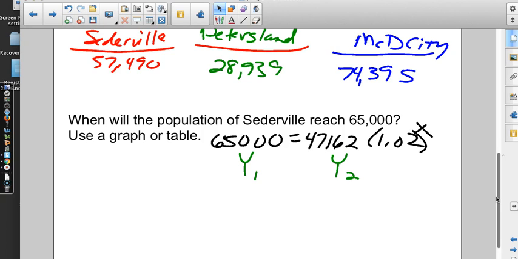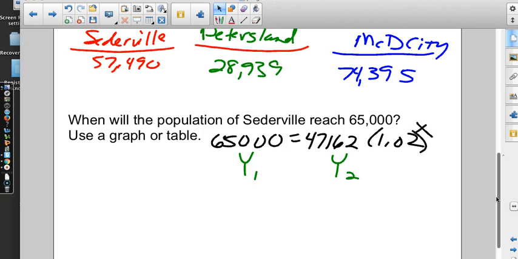Alrighty, graph. There's 65,000. Come on, come on. You can do it. You can cross it. Yes! Because now Blinky can find it. If we can see it cross, Blinky can find it. Second, trace. Which one tells us where they cross? 5.